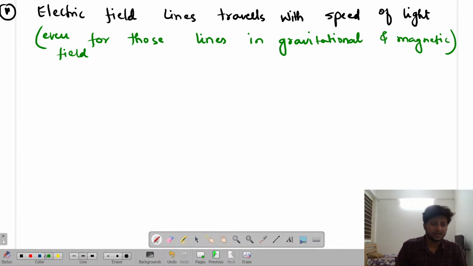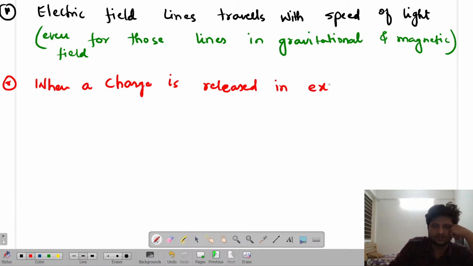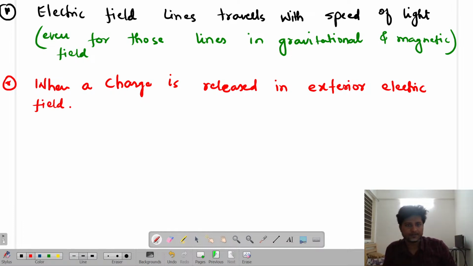The second point is that many people think that when a charge is released in an exterior electric field, this charge will follow the electric field lines, isn't it?